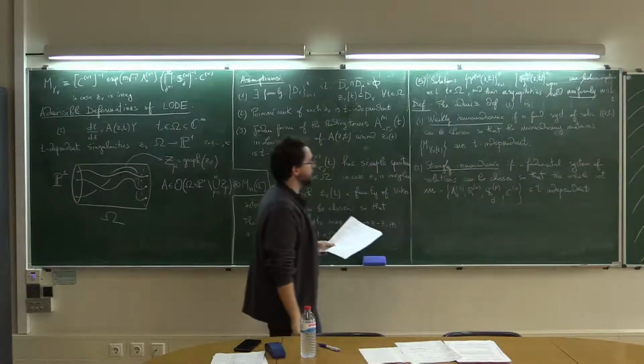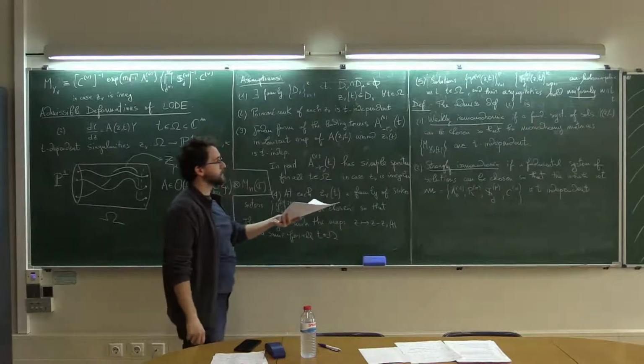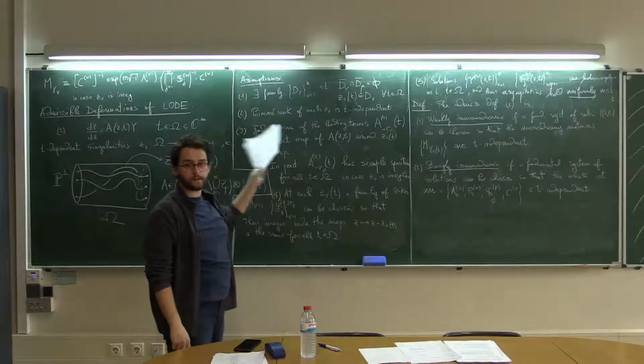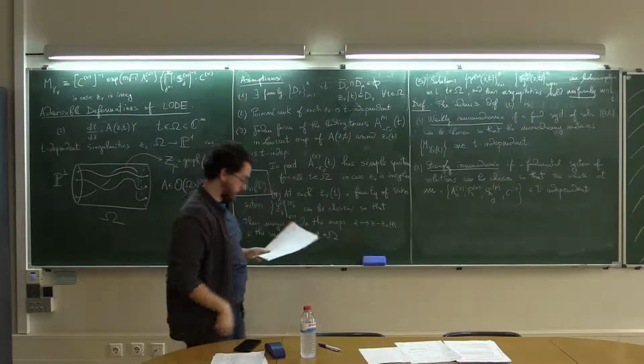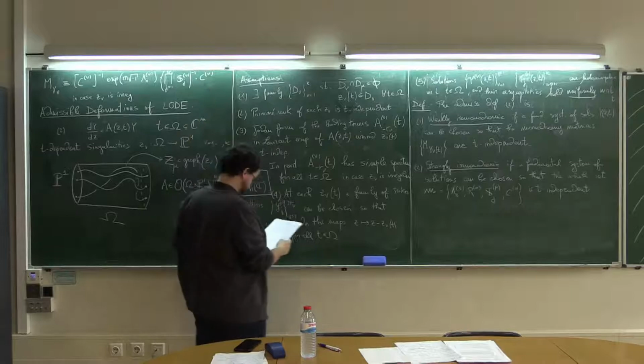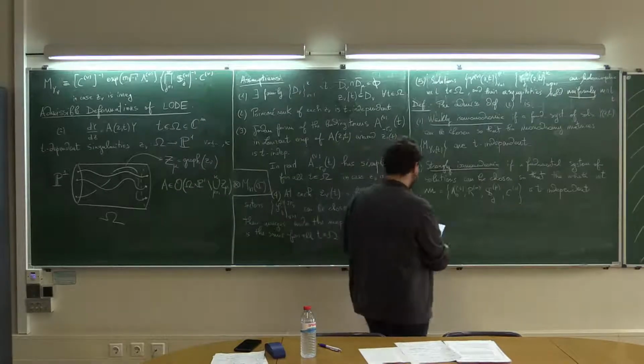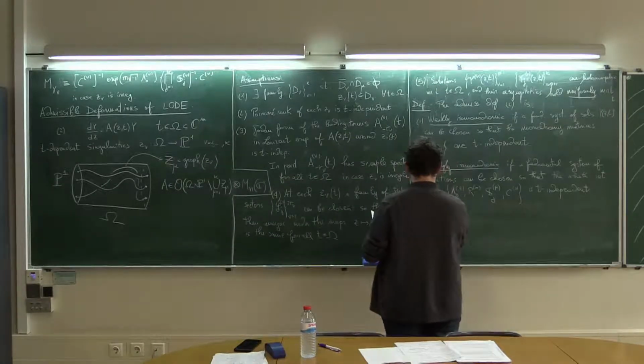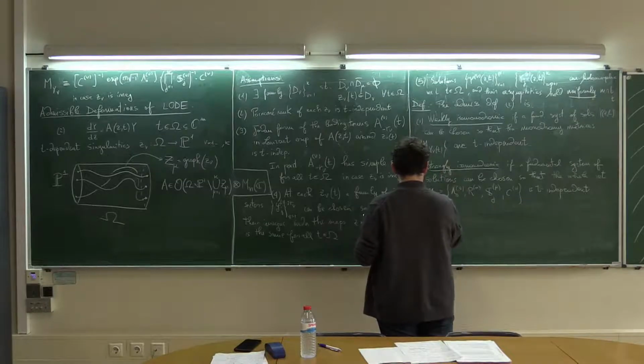Of course, the terminology is chosen so that strongly isomonodromicity implies weakly isomonodromicity. This is obvious from the remark I did here. Well, we have a following remarkable theorem, a first remarkable theorem.